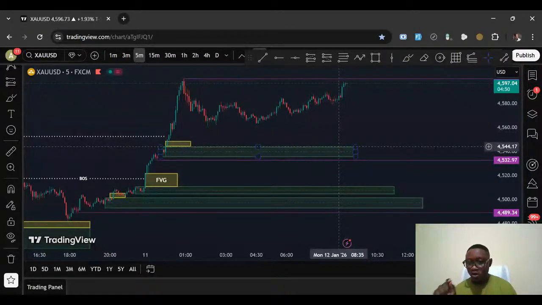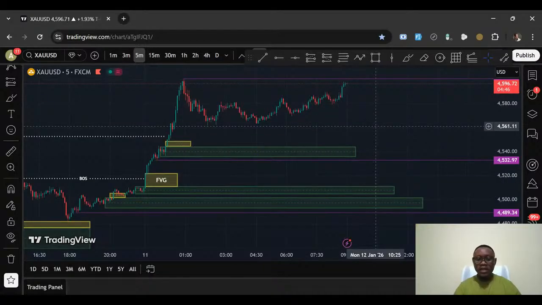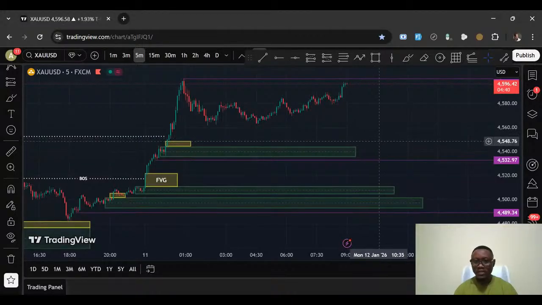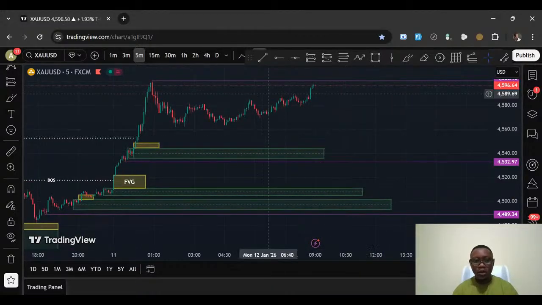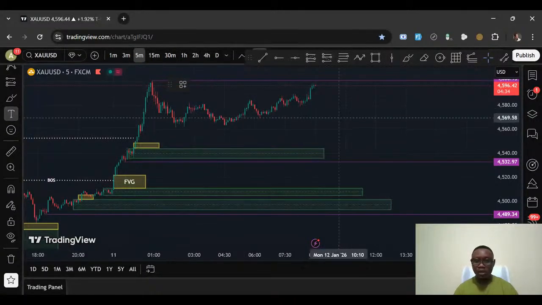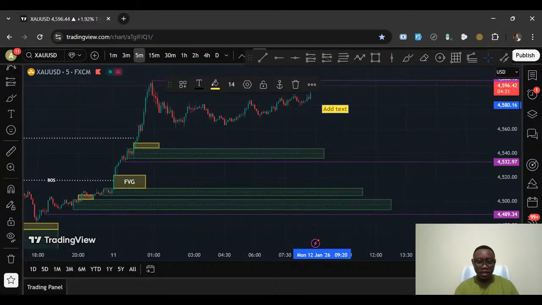Before you execute. Now, there are two ways you can take your entry when price gets to your point of interest, right? I have two entry models that I use, and I will tell you when I use each of these entry models.